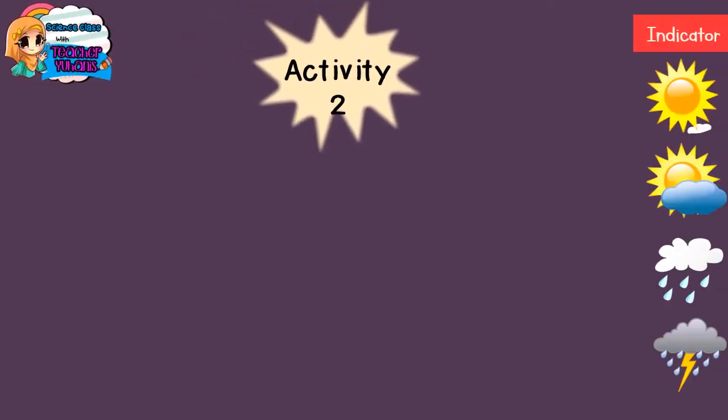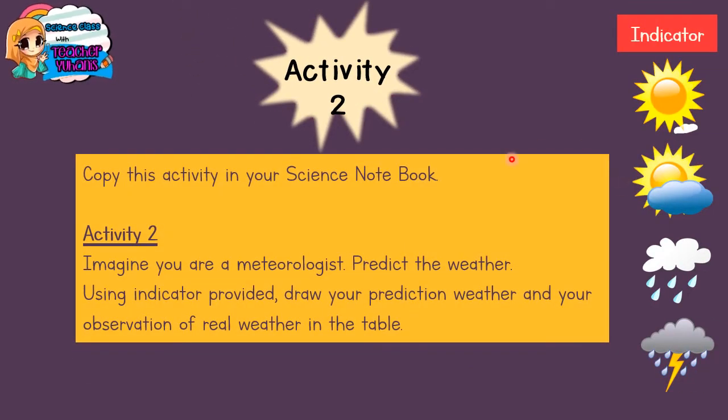Now let's move on to activity 2. For this activity, I want you to copy this activity in your science notebook. Activity 2. Imagine you are a meteorologist. Predict the weather.